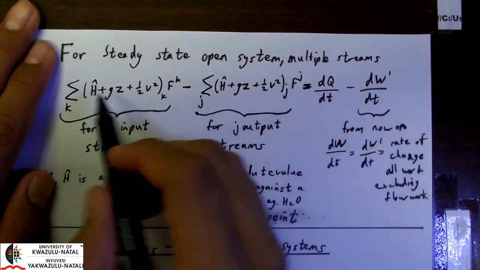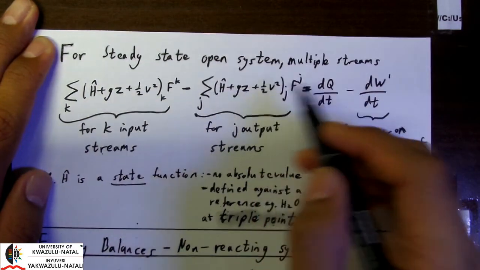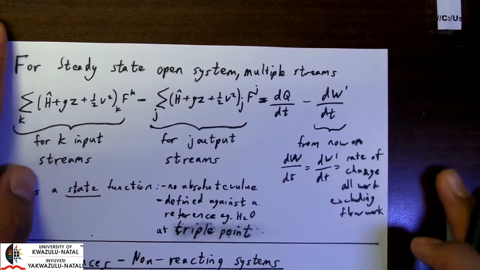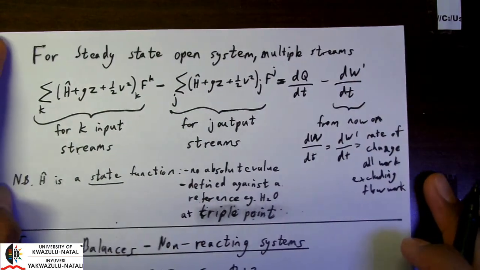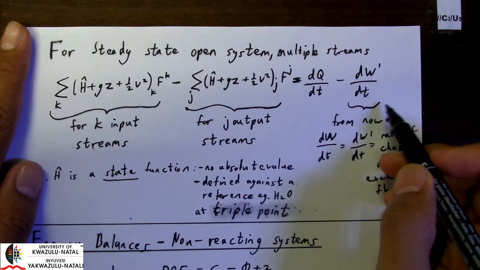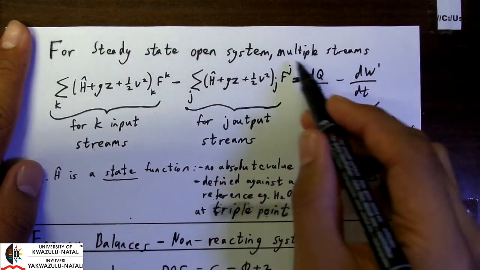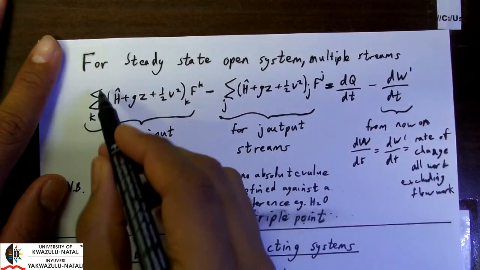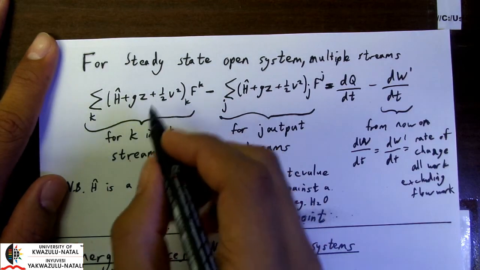We can group up our streams on one end and our actual energy inputs and work outputs at the other end. And this is the most general energy balance equation for steady state open systems with multiple streams. We are writing this in terms of a summation.